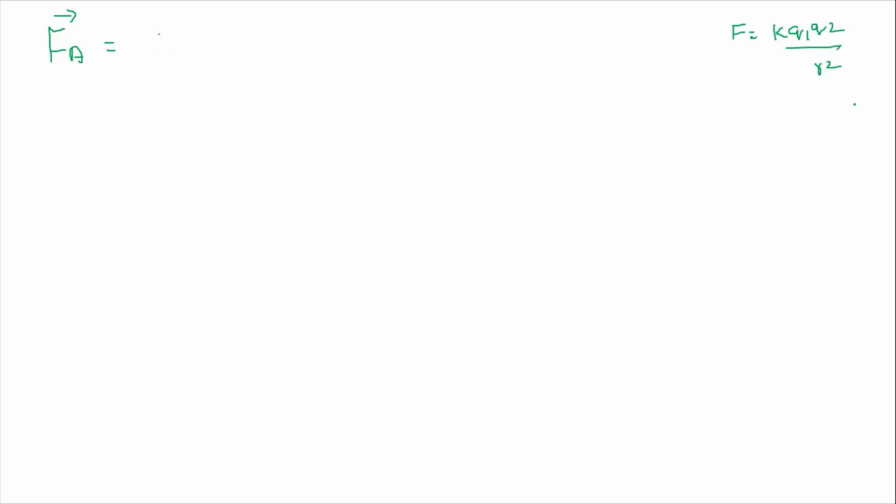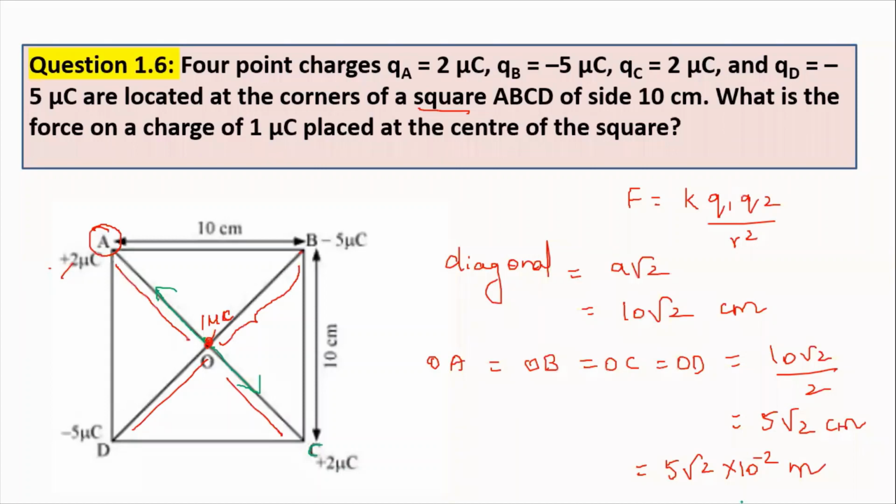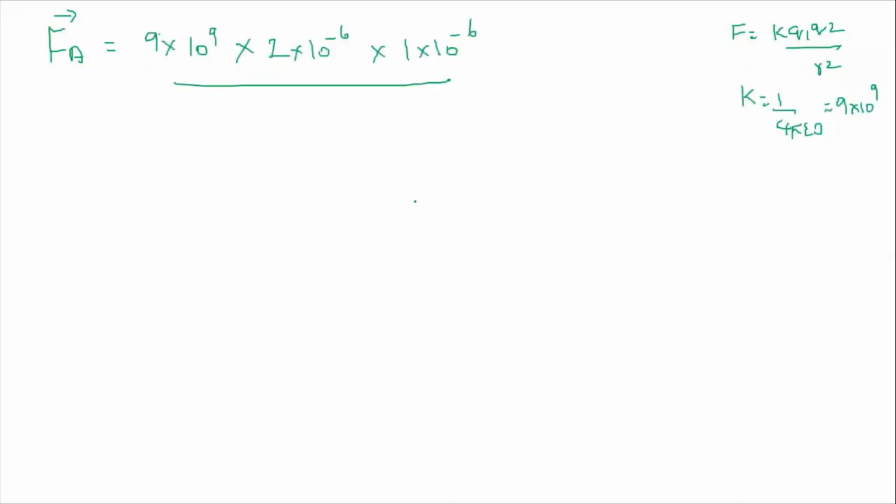K will be 1 by 4 pi epsilon naught, that is equal to 9 into 10 power 9. Substituting, you can write 9 into 10 power 9 into 2 into 10 power minus 6 into 1 into 10 power minus 6 divided by R square. We found R already: 5 root 2 into 10 to the power minus 2, the whole square.